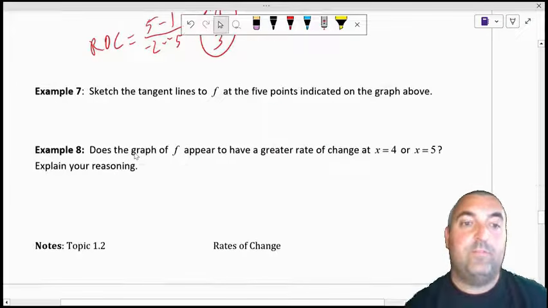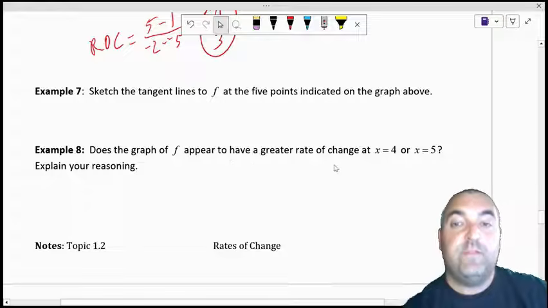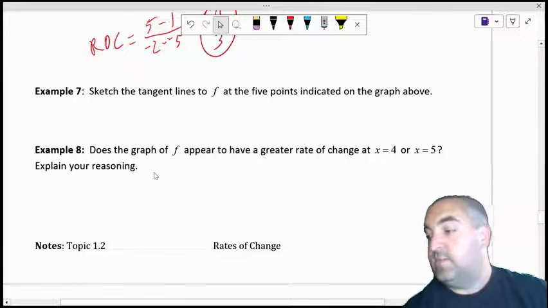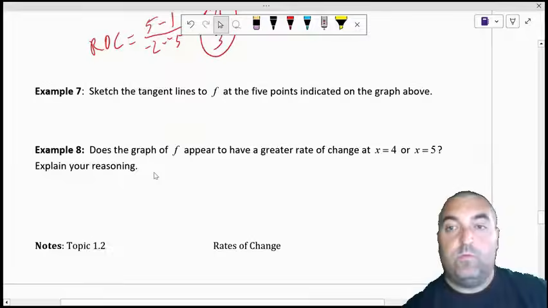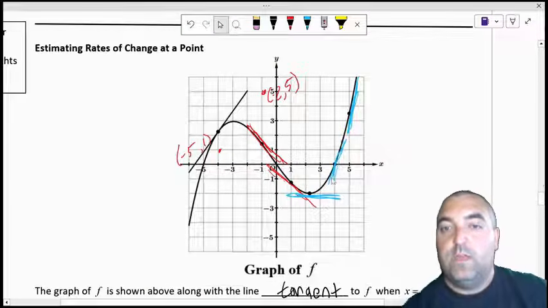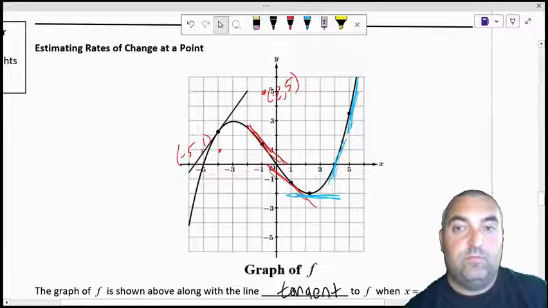And then for example 8 here, it asks us, does the graph of f appear to have a greater rate of change at x equals 4 or x equals 5? Explain your reasoning. So here, we're not trying to find them, we're just looking: does the slope of the tangent line at 4 compared to the one at 5, which one is bigger?